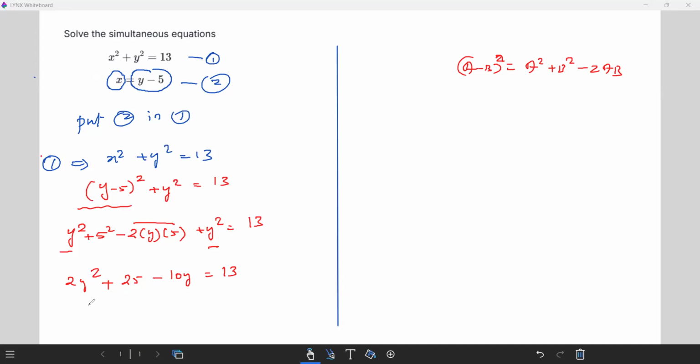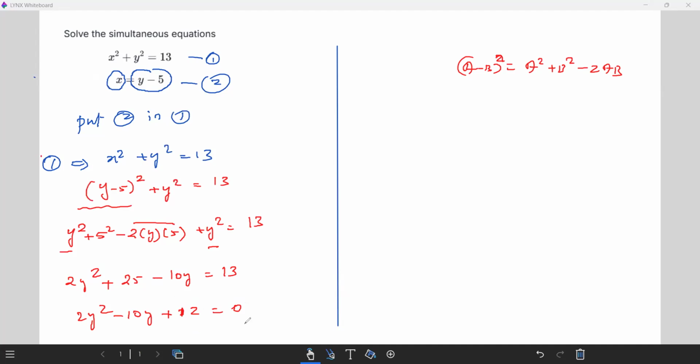This is a quadratic equation, and a quadratic equation should be written in standard form first. So 2y squared minus 10y, and if I bring 13 this side, 25 minus 13 gives plus 12 equals 0.